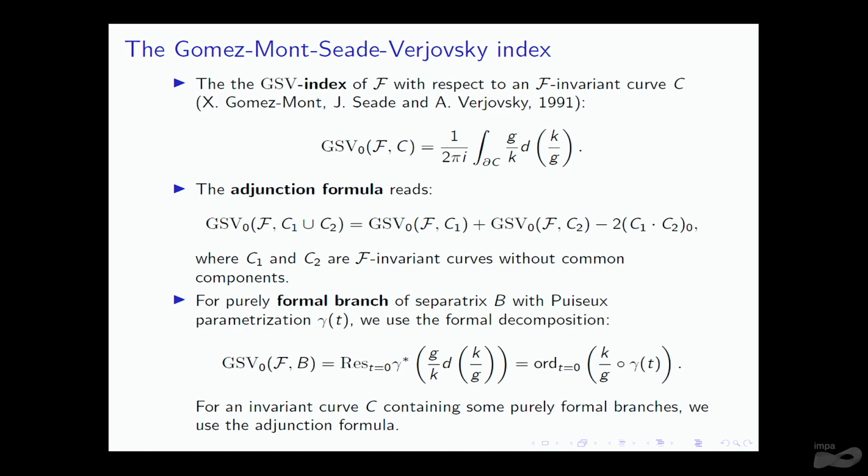And for a purely formal branch, I do a similar thing. I get a Puiseux parameterization for the formal branch, pull back this one form by this parameterization and calculate its residue. And for an invariant curve containing some purely formal branches, I use the adjunction formula to define the formal GSV.